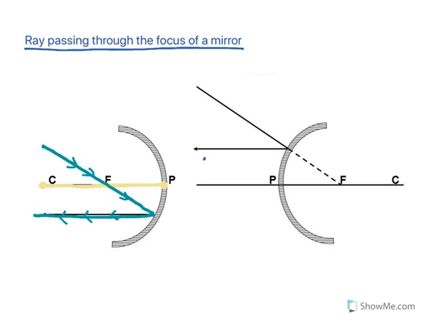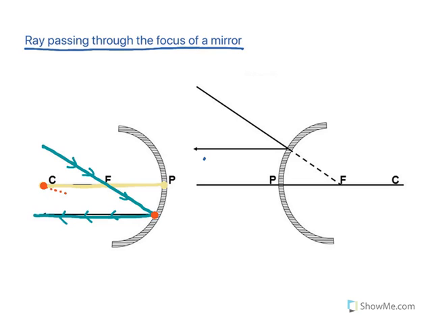Now it's time to mark the angle of incidence and the angle of reflection. So we first draw the normal. To draw the normal, we join the center of curvature to the point of incidence. That is our normal.